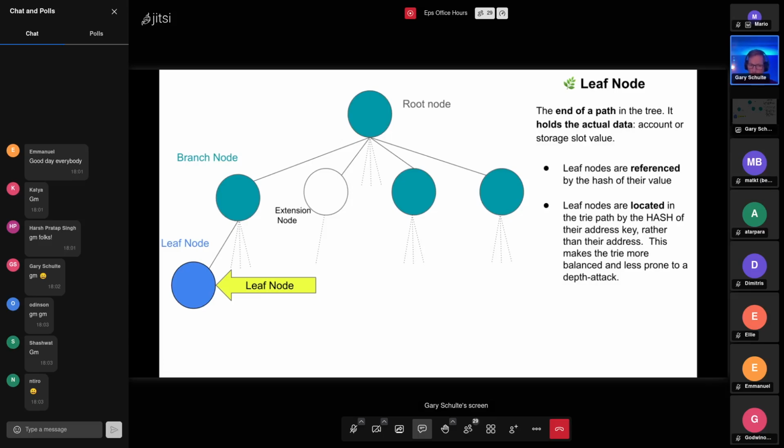When I first looked at this, it was a little unintuitive. I didn't really understand why you wouldn't just store it by its address. And then I thought about it a bit more. The reason that we do it this way is so that we can't attack the tree via a depth attack. If you were able to write arbitrary entries into the tree, you could create an arbitrarily deep portion of tree.